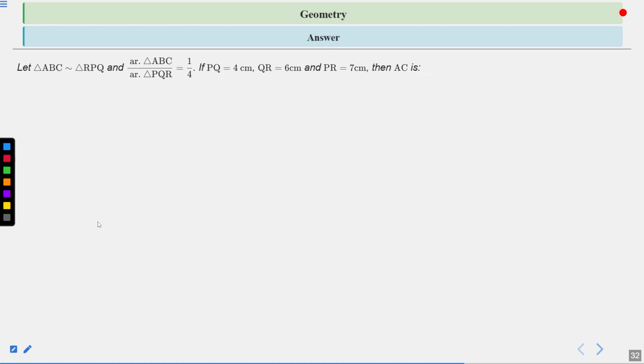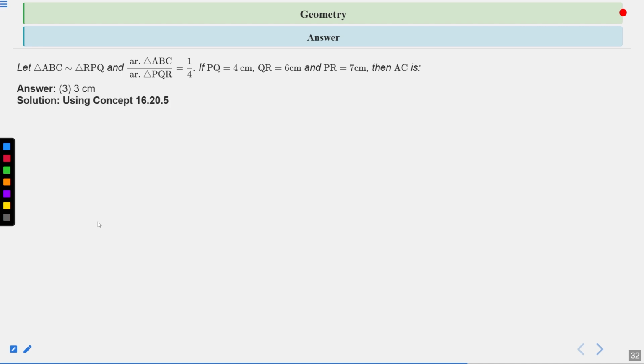So let triangle ABC be similar to triangle RPQ, and its area ratio is given, which is 1 by 4, and the lengths of triangle PQR are given: PQ is 4 centimeter, QR is 6 centimeter and PR is 7 centimeter. So we can easily calculate the length of AC. So the correct answer of this question is the third one, which is 3 centimeter.